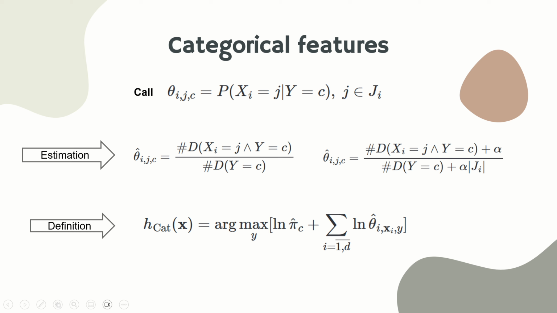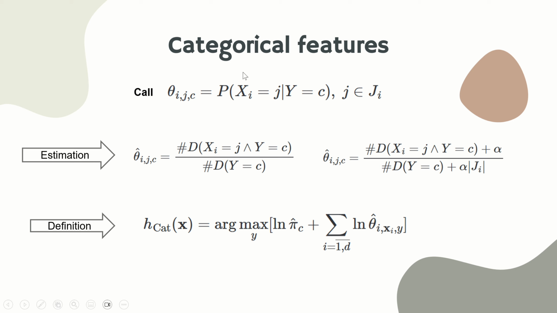Because of it, we assume that each feature is taken from a categorical distribution. That's why they are also called categorical features.